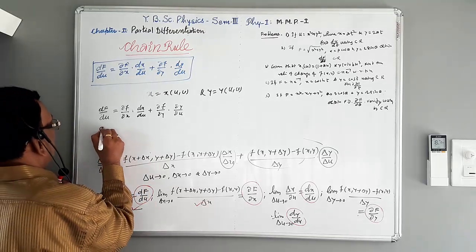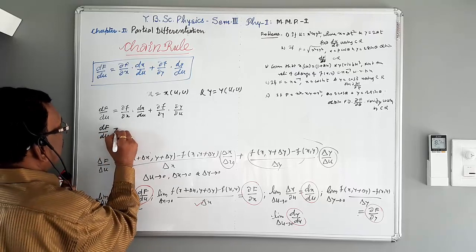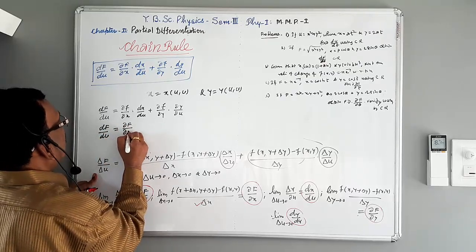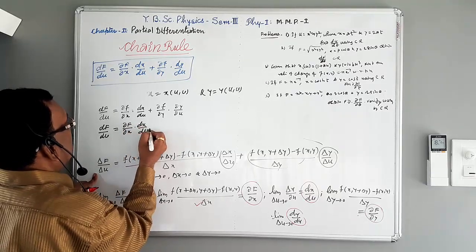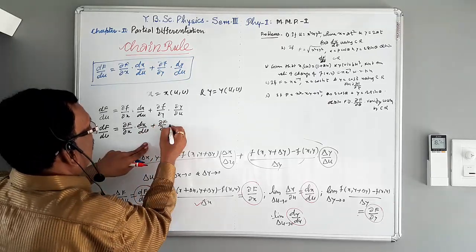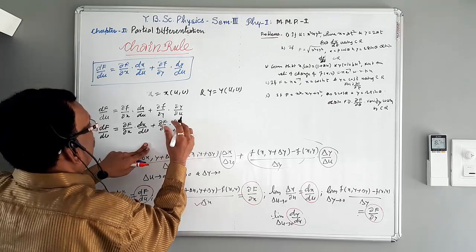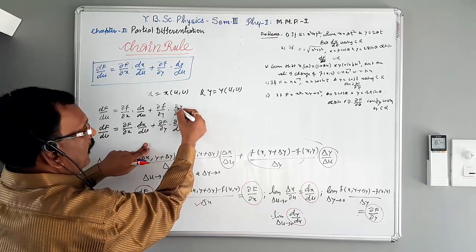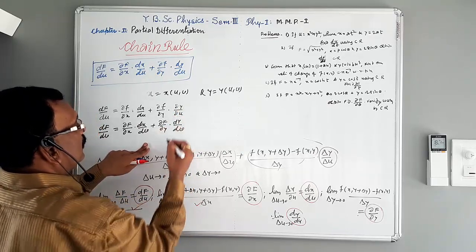And for the other variable, df by dv, we can write del f by del x into dx by dv plus del f by del y into dy by dv. Here we can write del or d, both are the same.